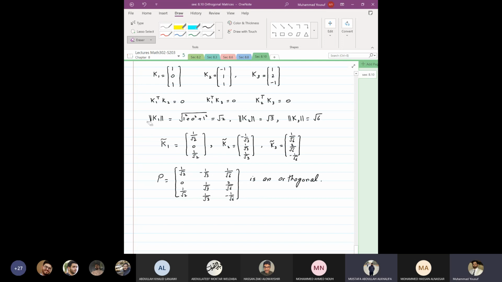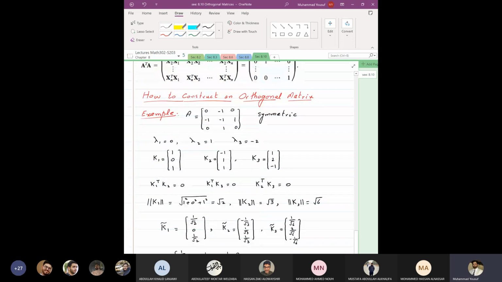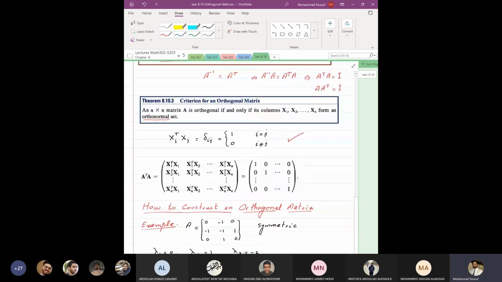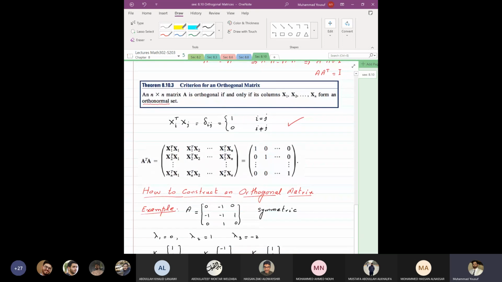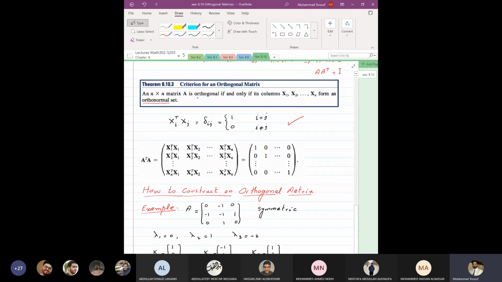Now, when we say orthonormal, this result is saying that A is orthogonal if its column vectors are orthonormal. Look, underline these two words.